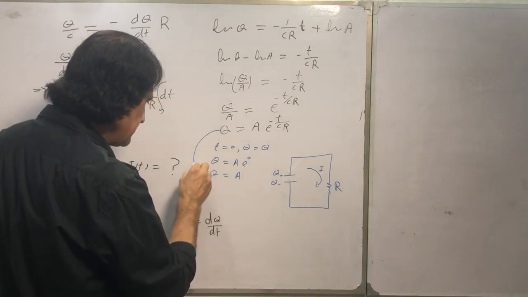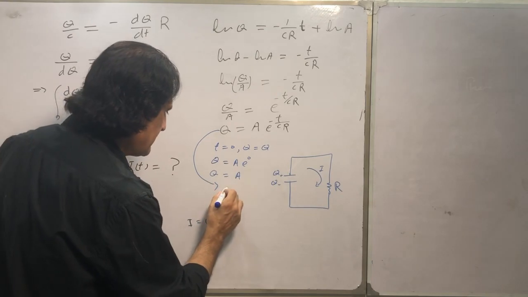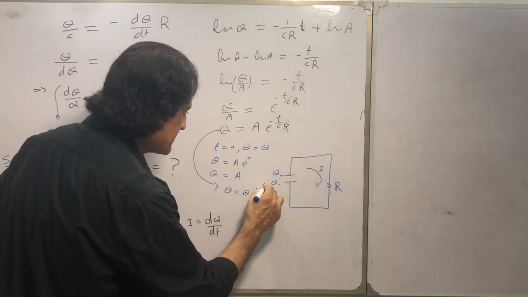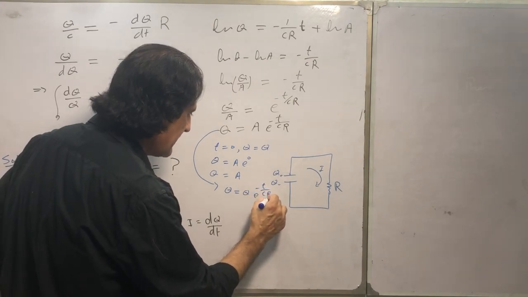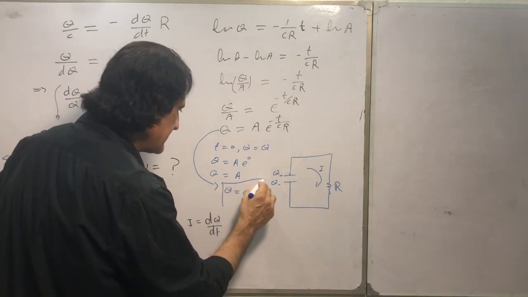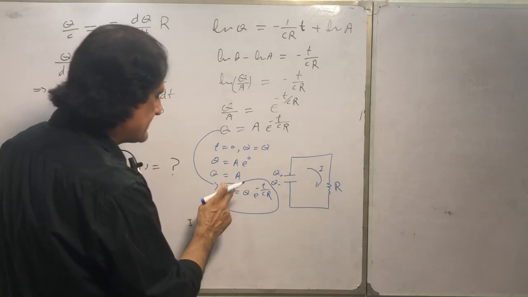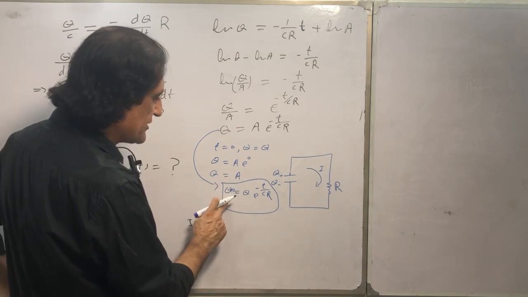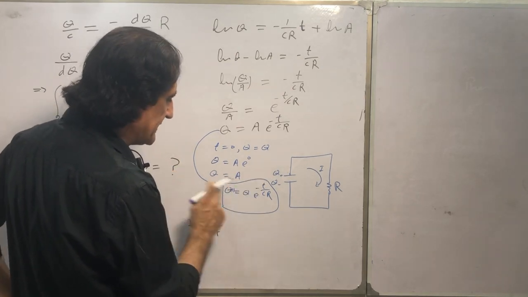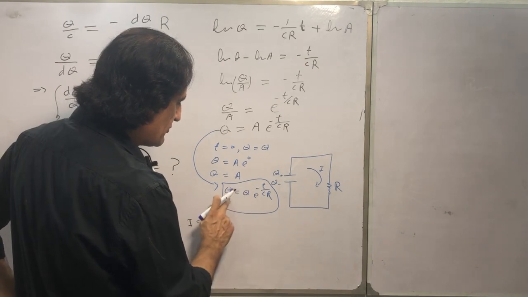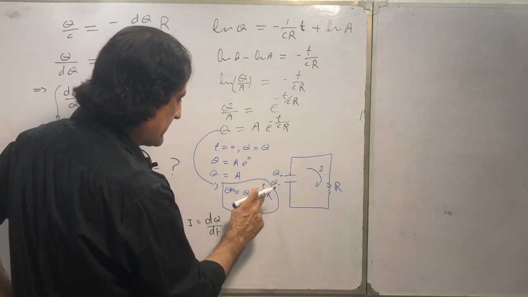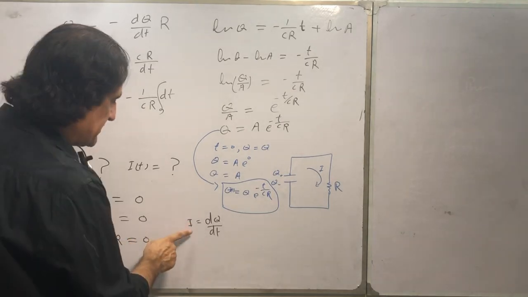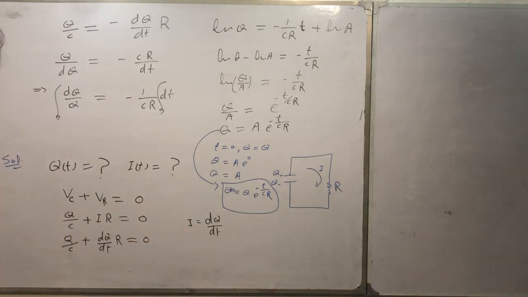So from this equation, q is equal to q naught e to the power minus t divided by cr, and this expression tells us the charge is a function of t. So q of t is equal to q naught e to the power minus t divided by cr. Further, we need to find the current.